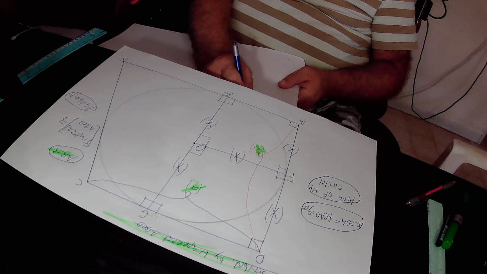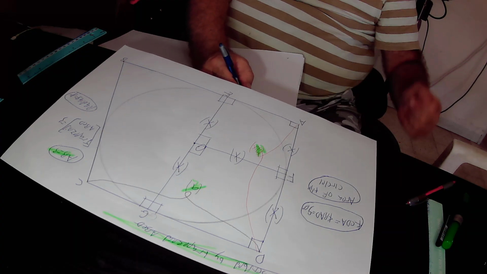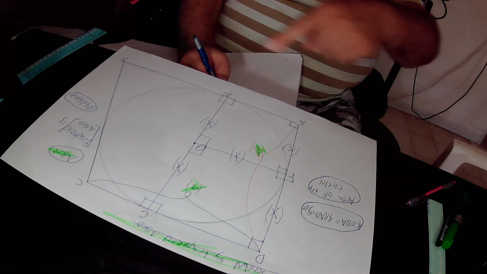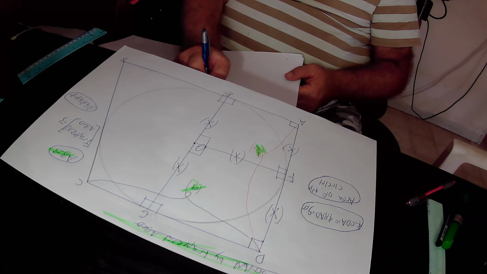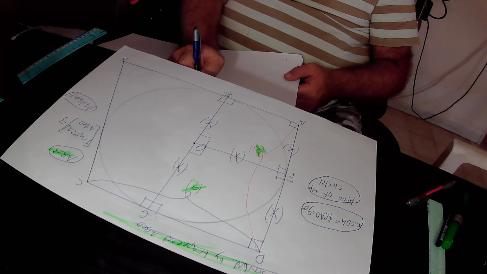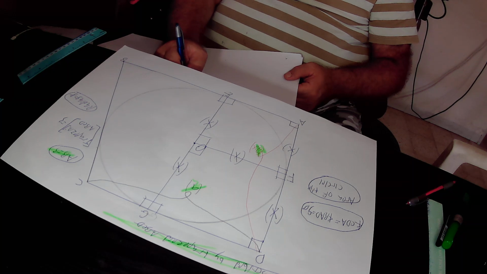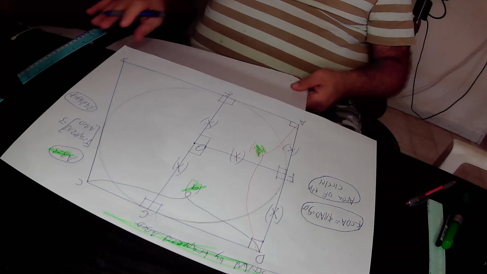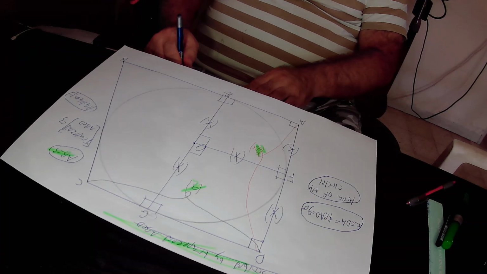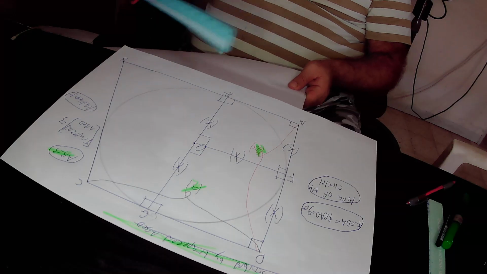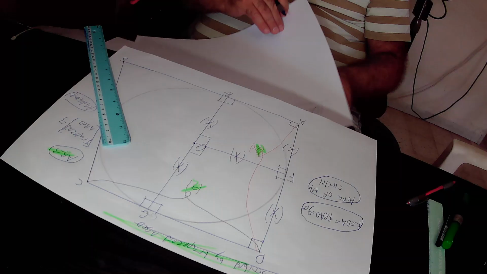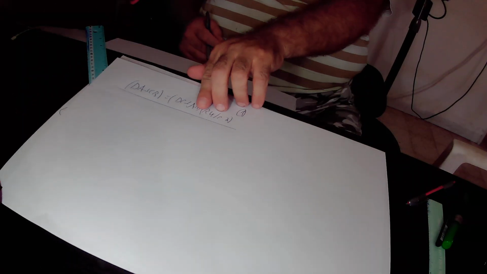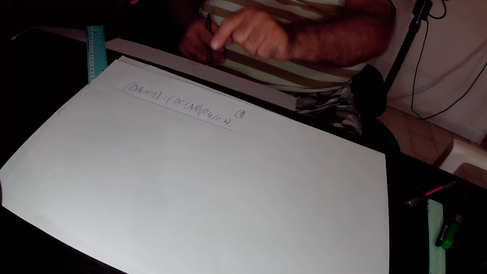It is true in any trapezoid, and therefore it is true in trapezoid ABCD: DA plus CB equals DC plus AB, according to rule 2.